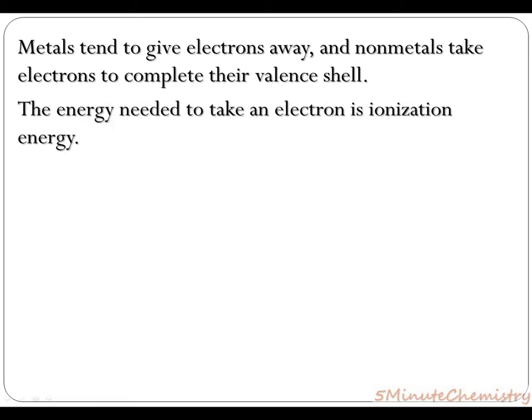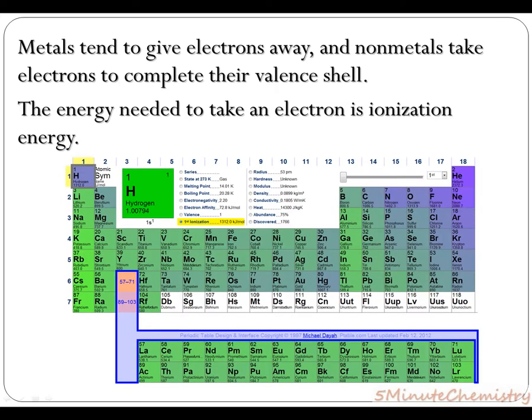One thing that we can measure is the amount of energy that's necessary to take away the electron and form the ion. So this energy we call ionization energy, and we have a table here that shows some of those values.